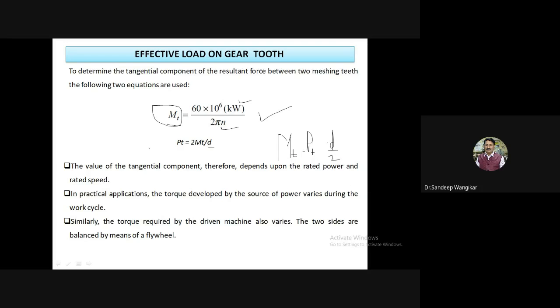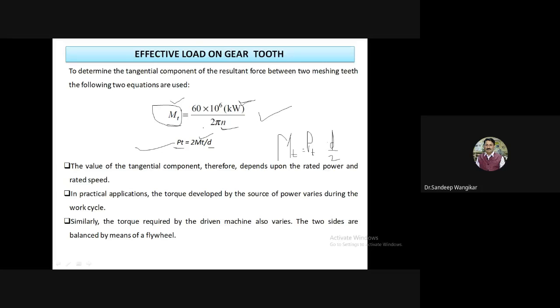So we can calculate P_t by using this formula. The value of the tangential component therefore depends upon the rated power and rated speed. See here, the value of P_t will completely depend upon M_t, and M_t depends on the rated power and rated speed. So what is this word rated used here?